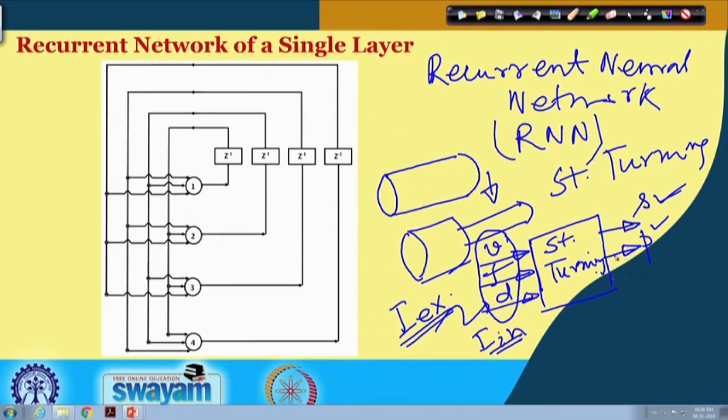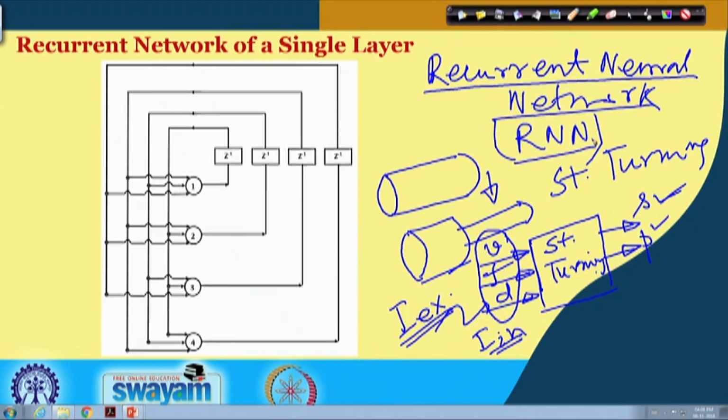The networks we have already discussed, like the multi-layered feed-forward network or the radial basis function network, cannot capture the whole dynamics of this process. To capture the complete dynamics, we will have to go for the recurrent neural networks, that is the RNN.